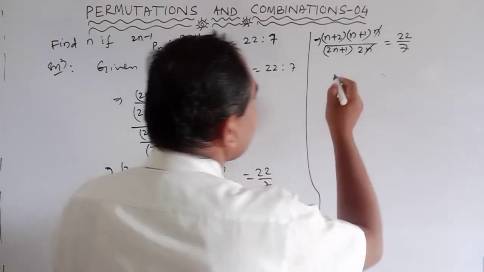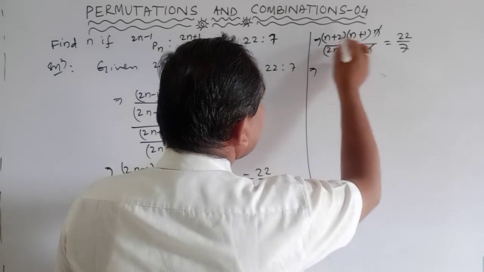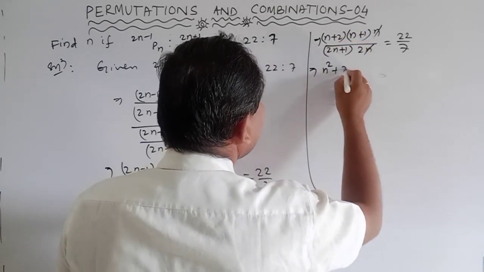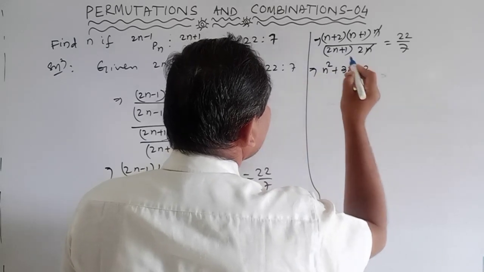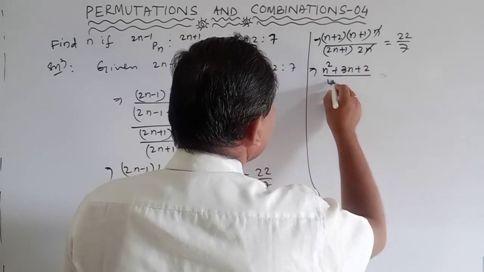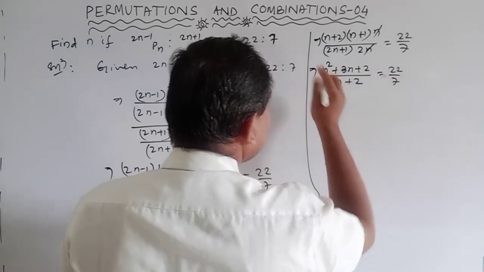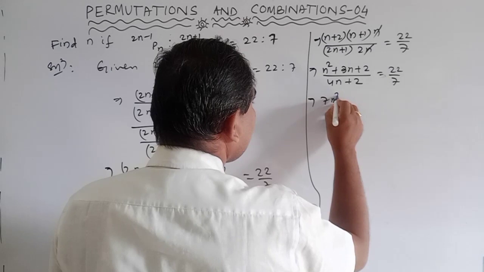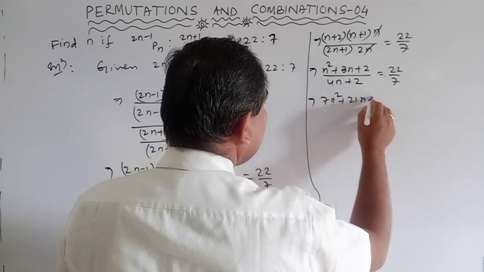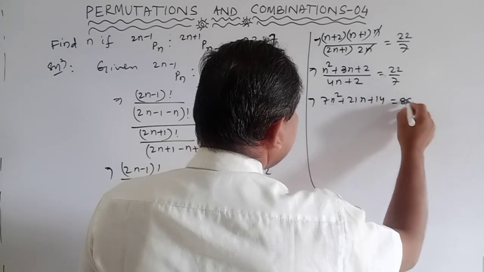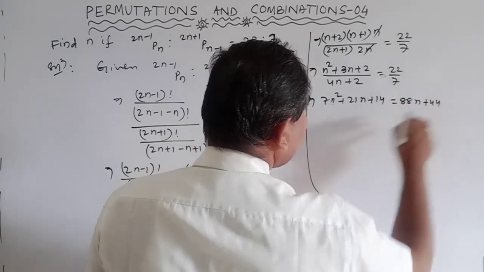So this implies n square plus 3n plus 2 divided by 4n plus 2 is equal to 22 by 7. Cross multiplication: 7n square plus 21n plus 14 is equal to 88n plus 44.